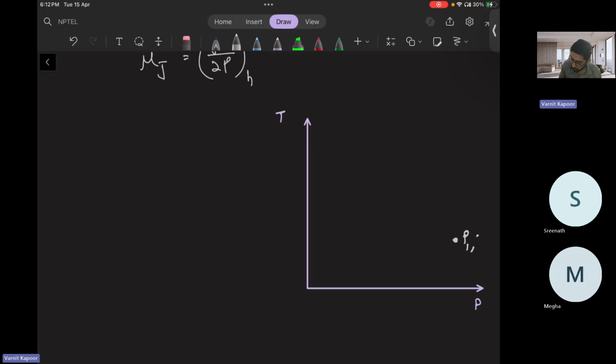Now, during the throttling process, as you know, pressure decreases, but temperature eventually increases first. Pressure decreases and temperature increases. If you see, the pressure has dropped, but temperature has gone up. So suppose this is your state, P2 and T2. So your pressure has decreased and temperature has increased.